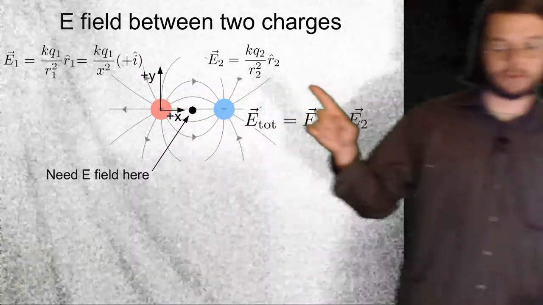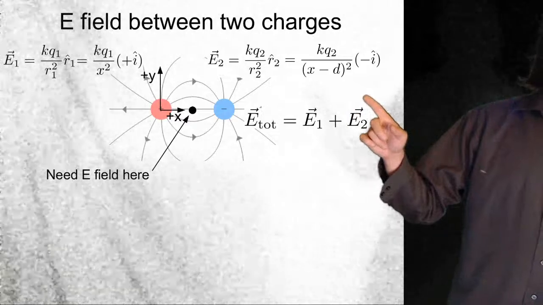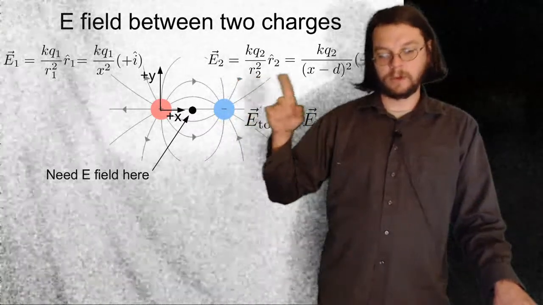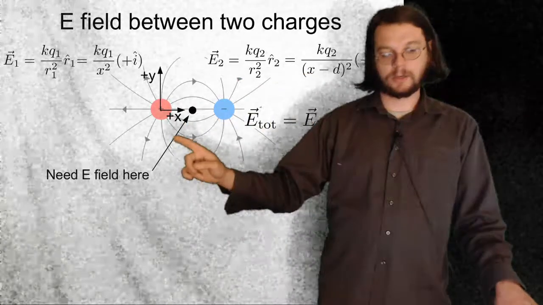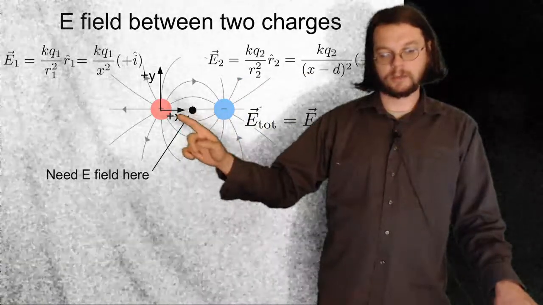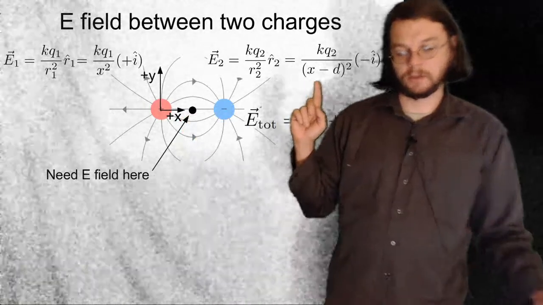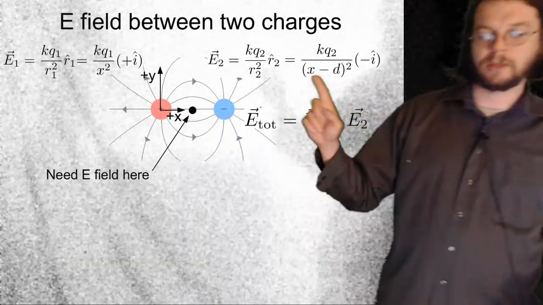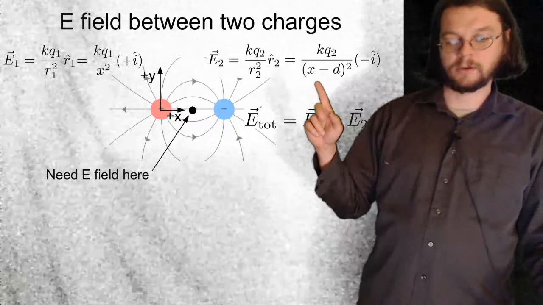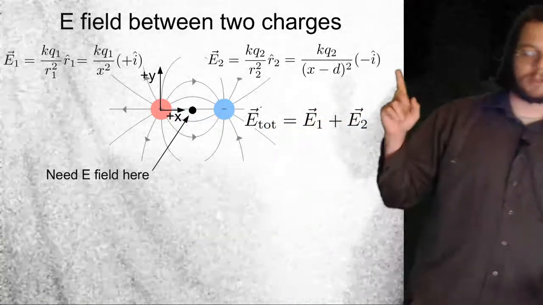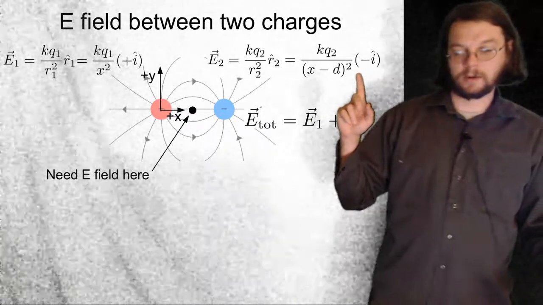Now we can think about this one, right? If you think about the distance along the x-axis, you're right on top of it if x is equal to d, right? So technically there should be an x minus d thing going on here for the distance. But interestingly, there's a minus i hat here, right?